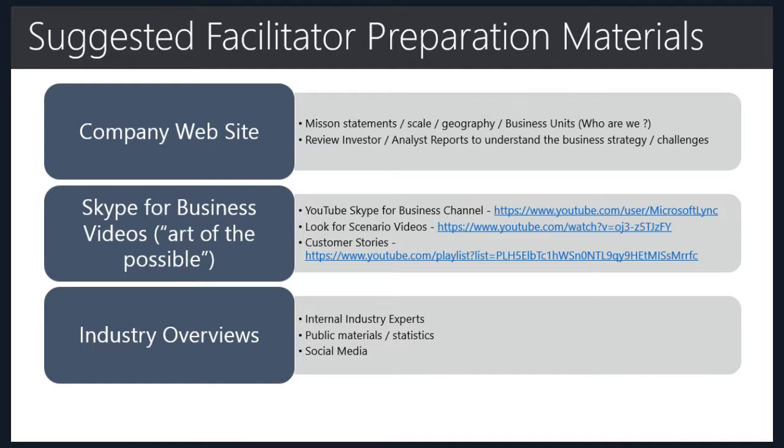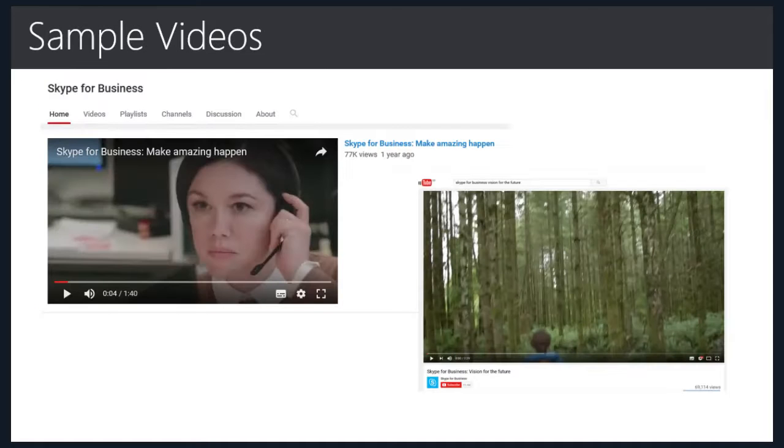So a couple of the go-to videos that have worked quite successfully in conversations are a couple of examples here on the Skype for Business YouTube channel: Skype for Business Make Amazing Happen, and the Skype for Business Vision for the Future.